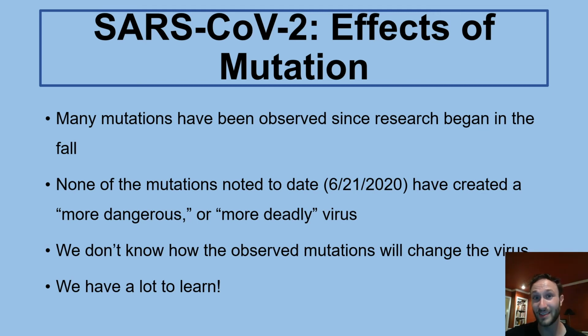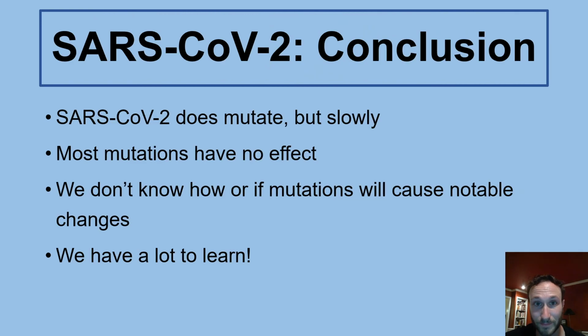And while 11,000 seems like a huge number, it is really important to stress that to date none of these mutations have created a vastly distinct type of virus or a super virus or one that's stronger or more dangerous. And so to date, it's unclear what the effect of these mutations are on the novel coronavirus. And we don't know if these mutations are increasing its ability to cause disease in humans.